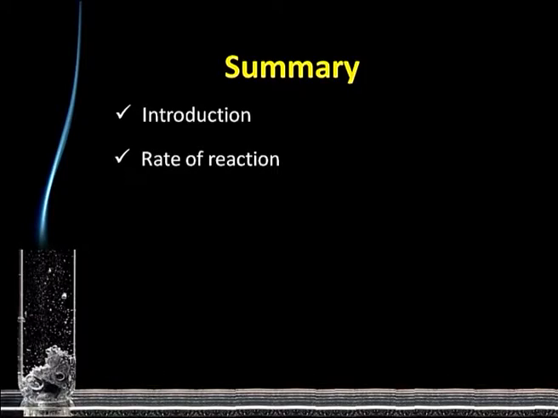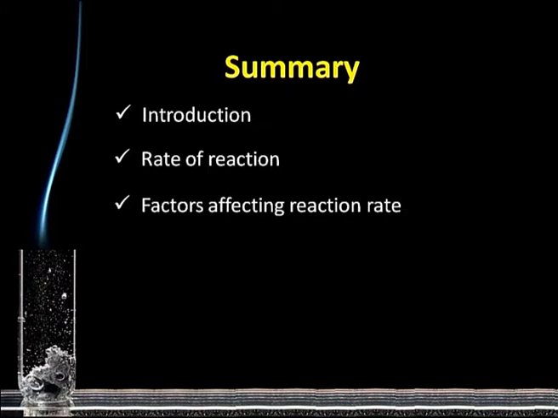Let me summarize what we have seen today. I introduced you to the branch of physical chemistry known as chemical kinetics, an important branch where we study the rates of chemical reactions, which are industrially important. So rate of reaction, how it changes with concentration, that we have seen.